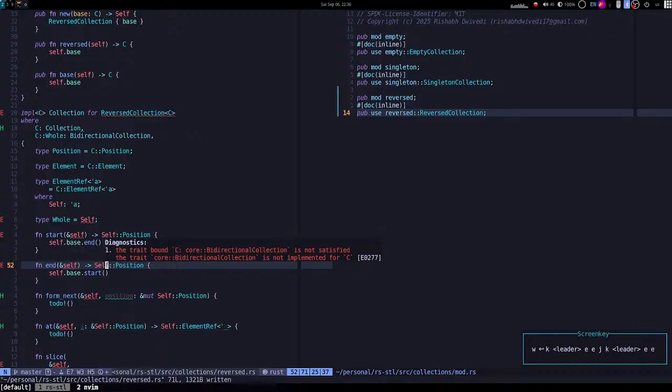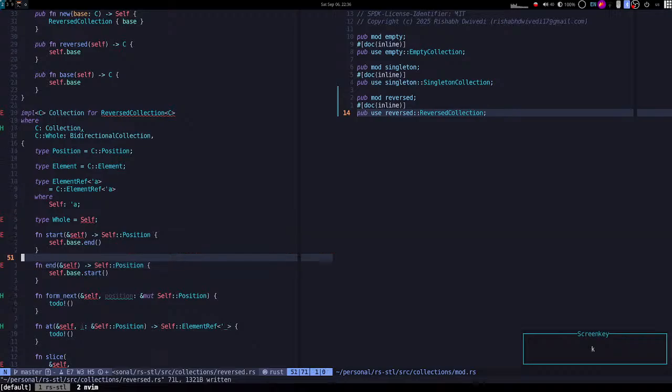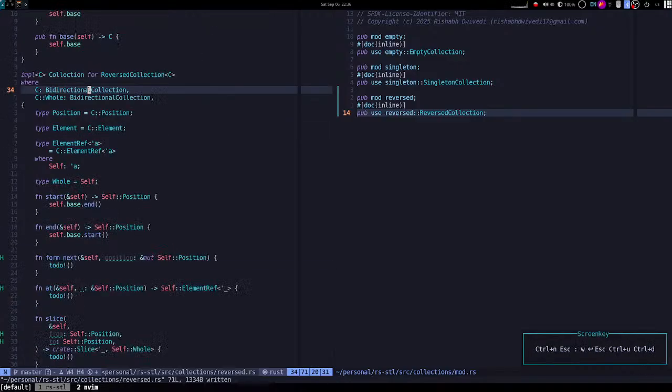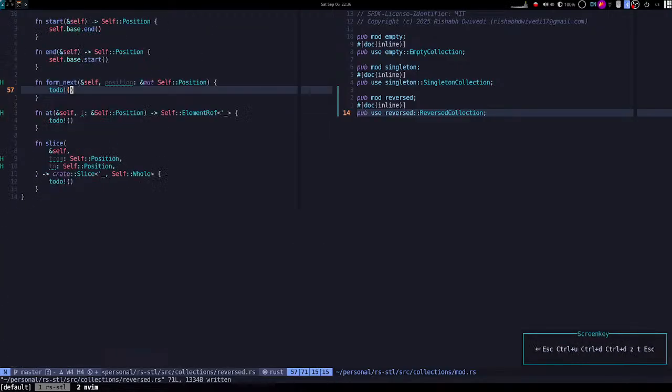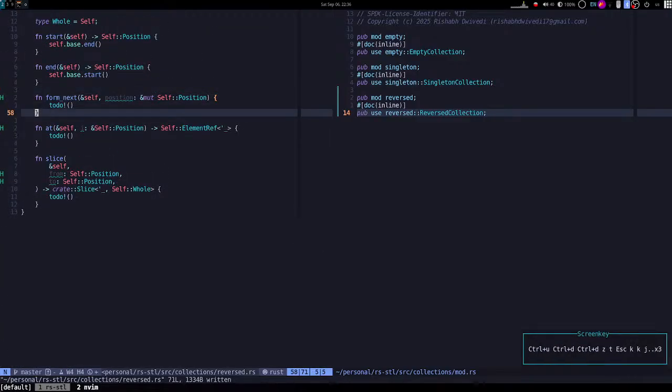Yeah, C's BidirectionalCollection is not implemented for C. The whole, okay, it should be a bi-directional collection. And now things are looking fine from the point of view of LSP.